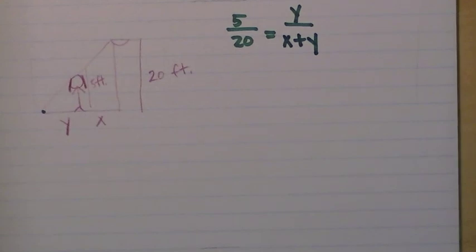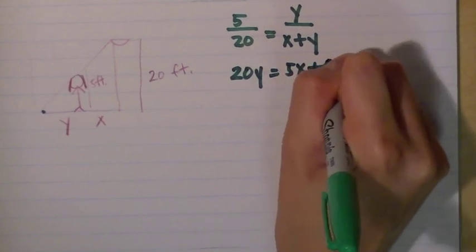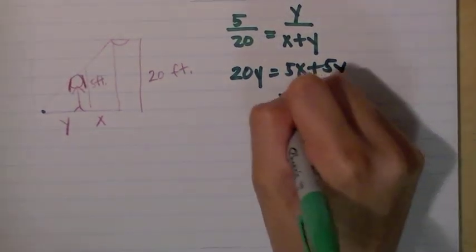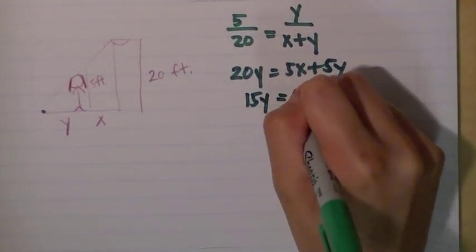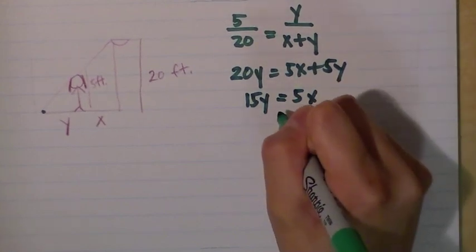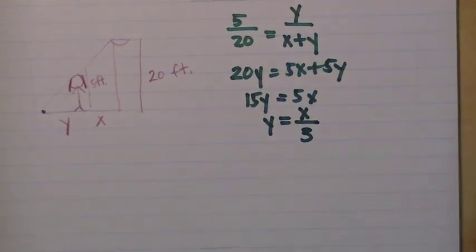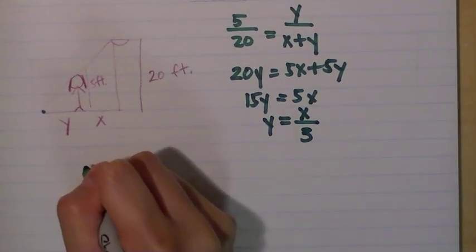Now we can solve this equation, and what you're going to get is that Y is X over 3. Now you're going to differentiate this.